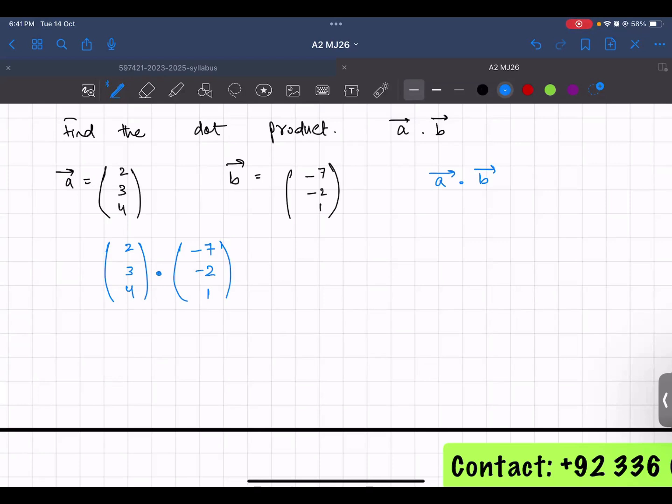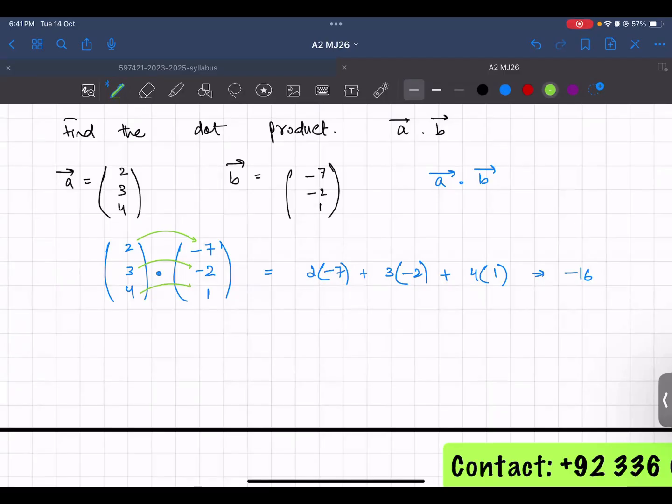You just multiply the x with the x. So 2 times -7, plus multiply the y with the y, 3 times -2, plus multiply the z with the z, 4 times 1, and then you add them all up. So -14, -6, +4. So -14 -6 is -20, plus 4 is -16. This is your dot product. So you multiply the x with the x, the y with the y, and the z with the z, and add them all up.